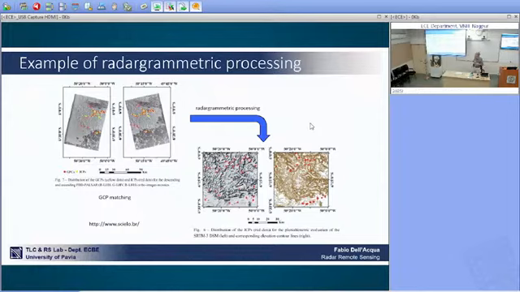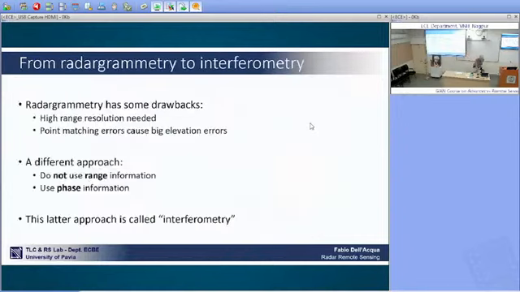But this is not extremely precise anyway. So nowadays, what is mostly done is to use the discipline called interferometry. What is interferometry?